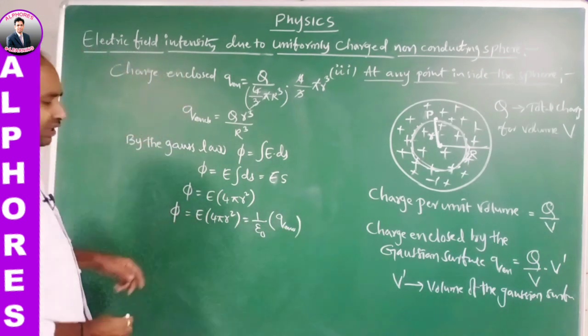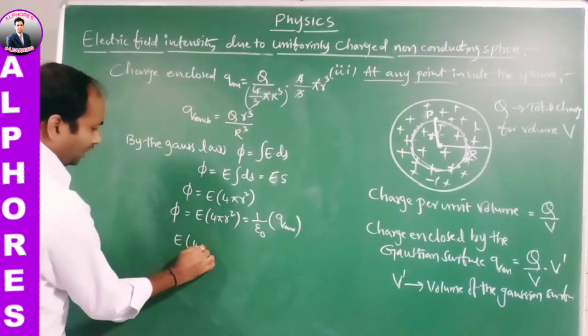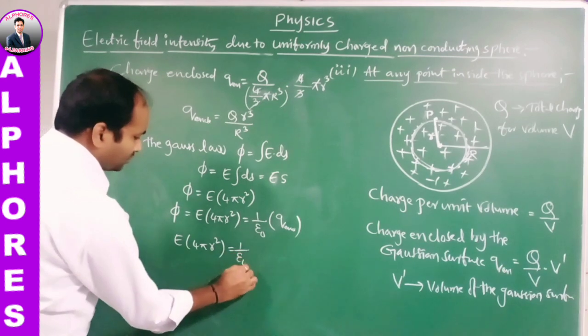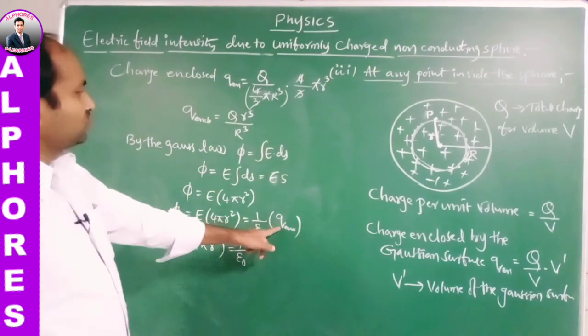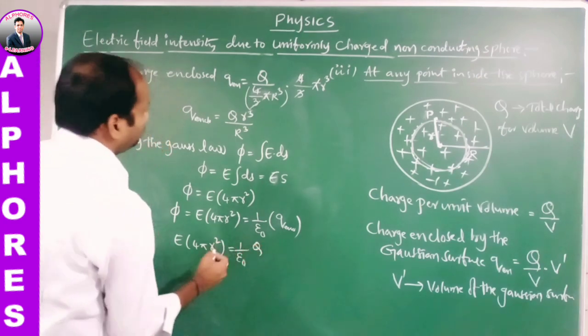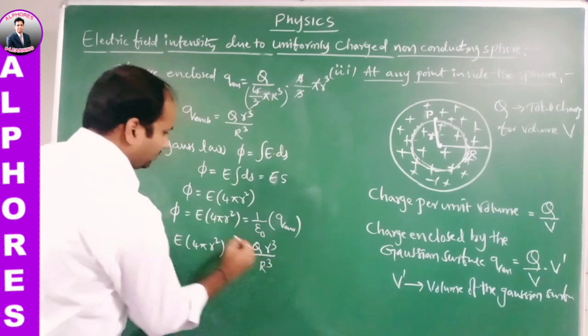So E into 4 pi r square is equal to 1 by epsilon naught times the enclosed charge, which is capital Q r cube by capital R cube.